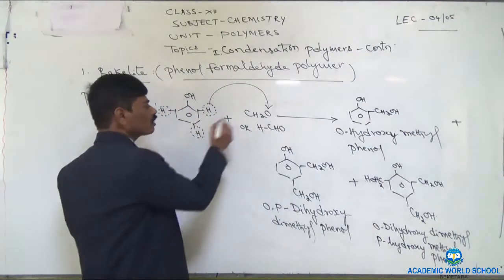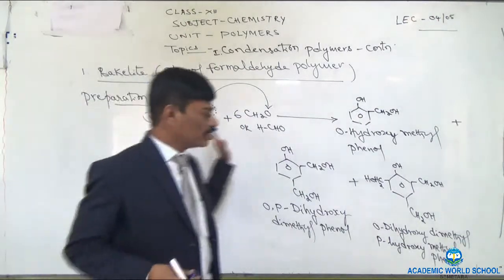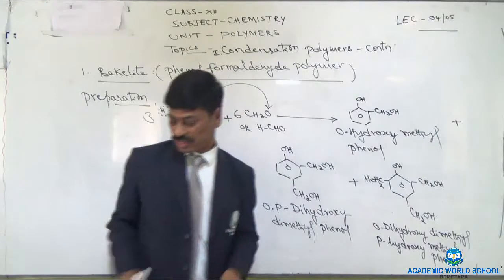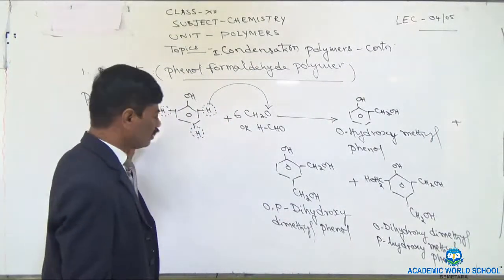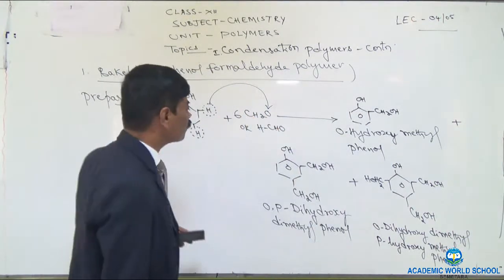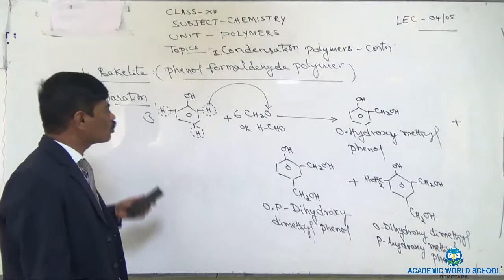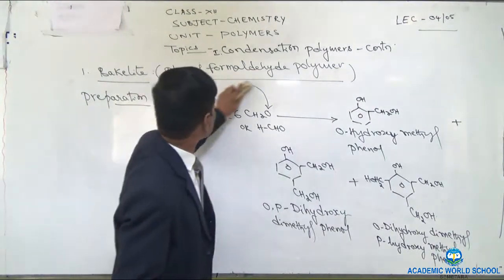To make it 6, we will multiply with 6. Now entire equation is balanced, right? Now from this structure, what is required to us is this structure, ortho-hydroxy methyl phenol. From that, we will see how Novolac compound is obtained. From Novolac, we will get Bakelite.